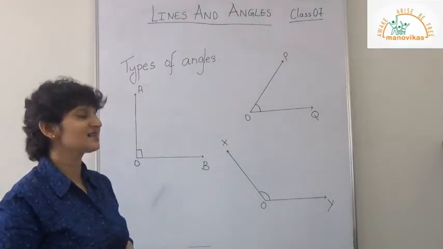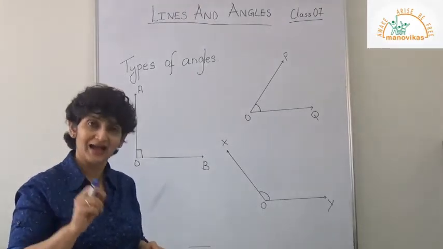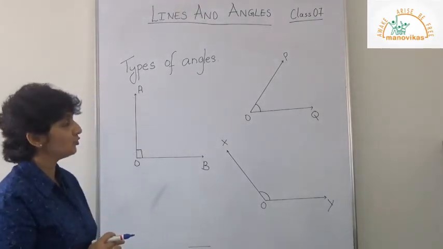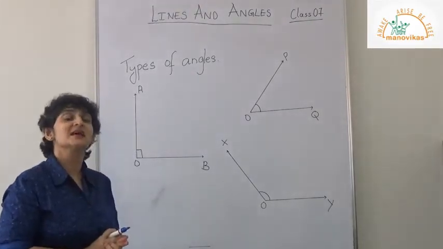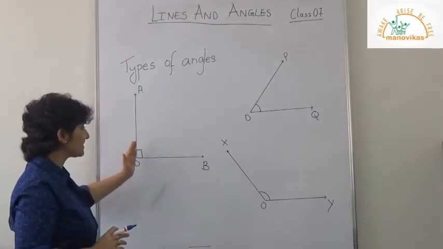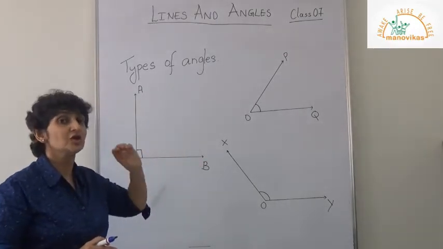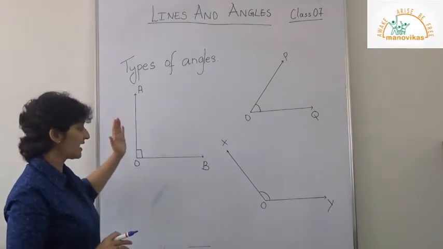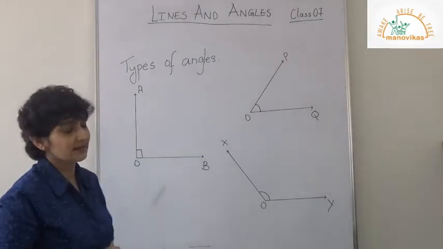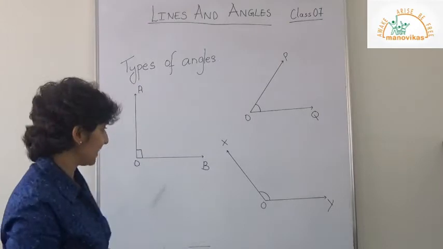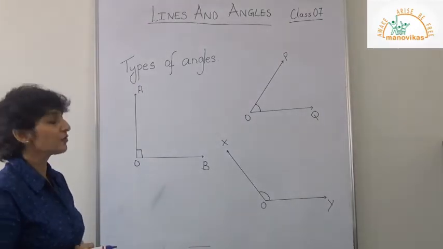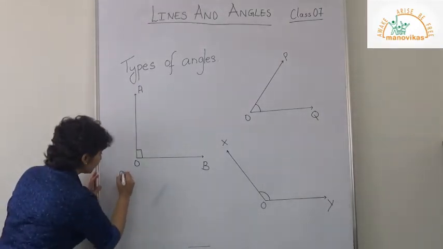Next, let's try to understand the types of angles. You already know and are familiar, so let's just revise. When you see this angle, children, you know what kind of angle it is. Can you please tell me? Yes, this is a right angle. Correct?